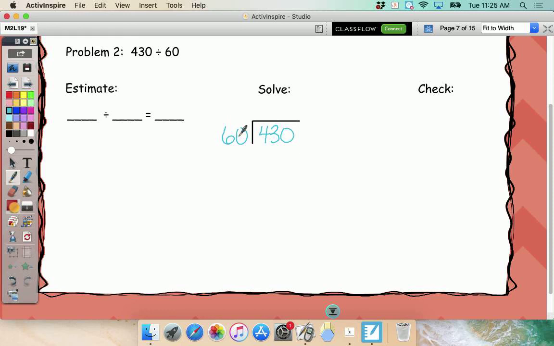Estimate. So round my divisor. Is it already rounded? Yes. It's already a multiple of 10. After I round my divisor, what do I do? Starts with an S. You skip count. I can stop when I get past 430.